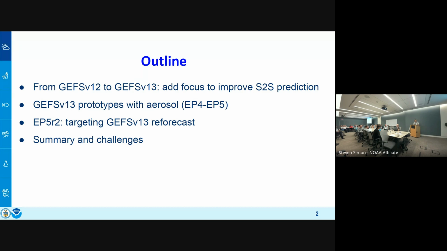In particular, I introduce EP4 and EP5, which include aerosol coupling. And I think the major focus for this talk is EP4R2, because this is going to be the last ensemble prototype for GEFSv13, and it is targeting the GEFSv13 reforecast. And last, I'll give a summary and show the challenges for GEFSv13 development.